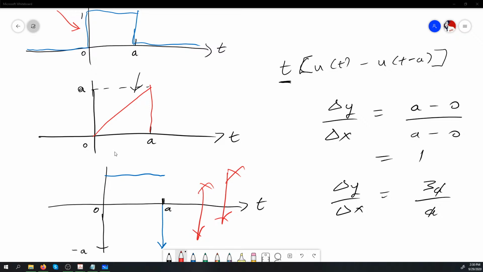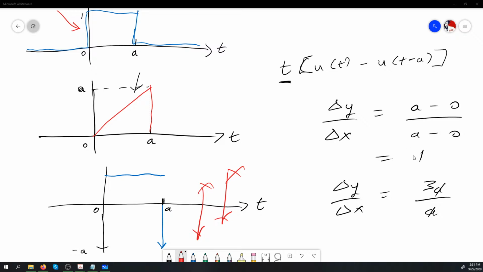Yeah, sure, I can explain what that is. If we do the differential of this line here, this is basically obtaining the gradient of the line. The change in y from this point to this point, considering this part as our endpoint, is a to 0, so that's a minus 0. And the change in x here is a from 0, so that's a minus 0 as well.